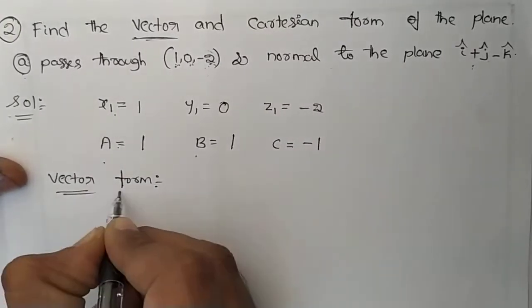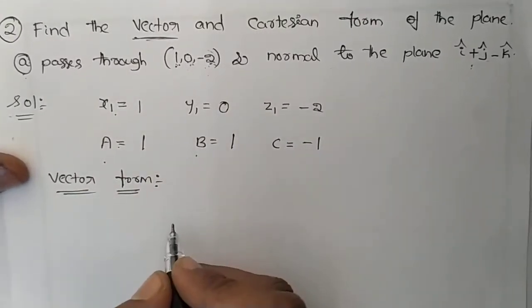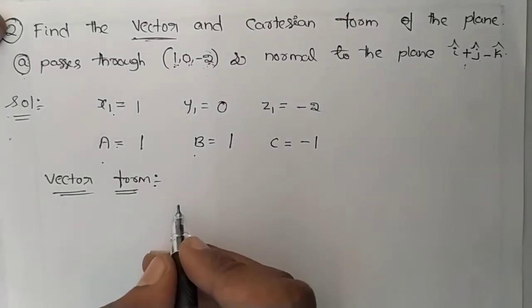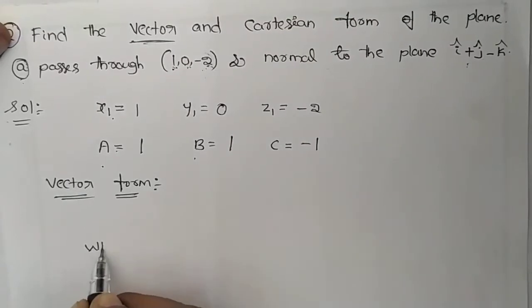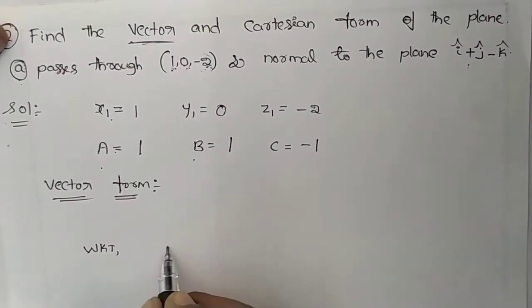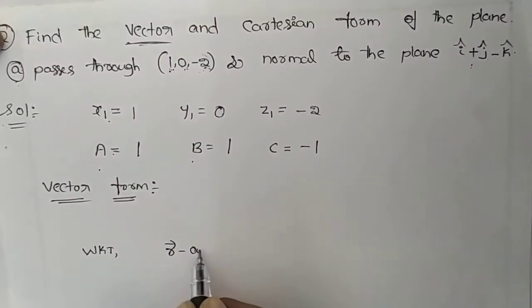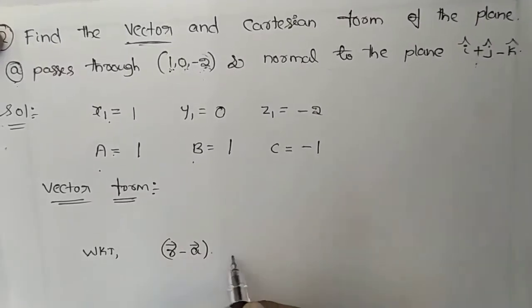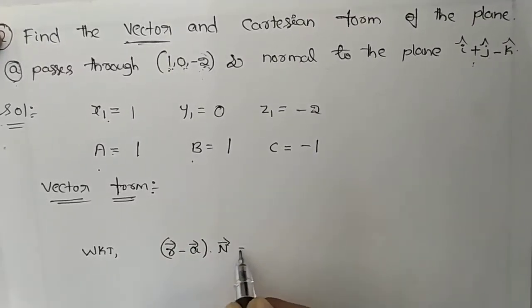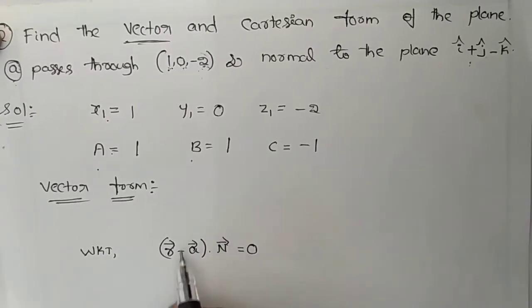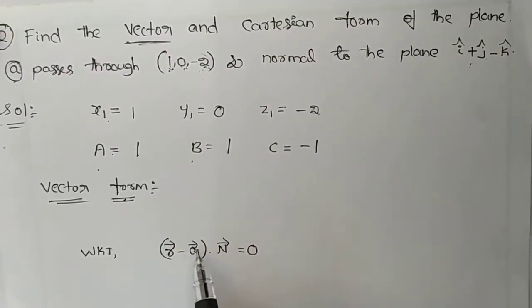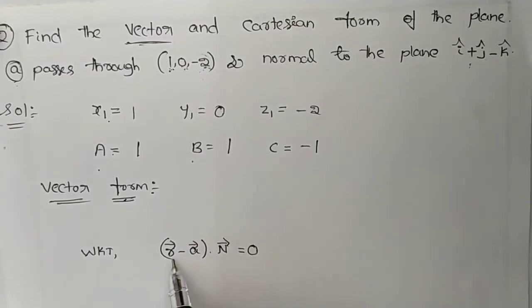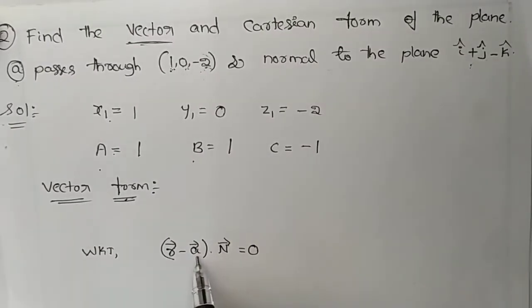You just recall the equation of a plane in vector form. That is, what we know is: r vector minus a vector dot n vector equals 0. It is the equation of a plane in vector form. In this we have to find the r vector and a vector.